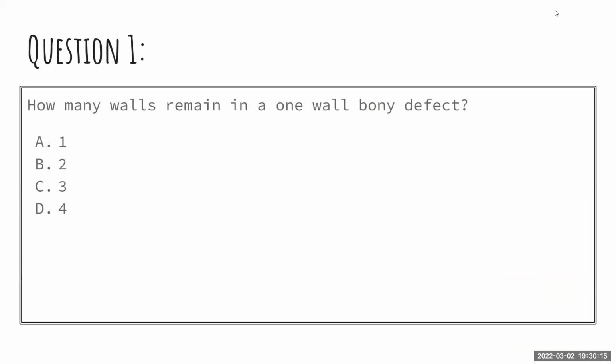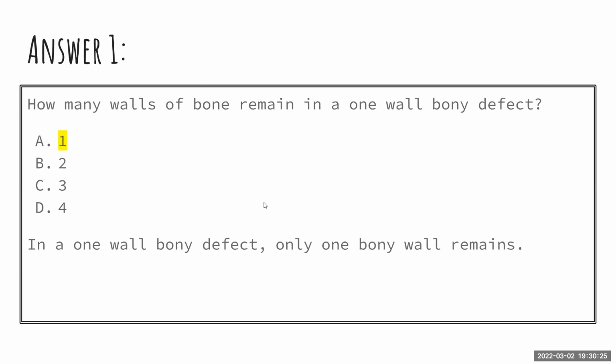How many walls remain in a 1 wall bony defect? 3. 3. C. This is wrong. I don't know what I was thinking. 1 wall bony defect should be 3.